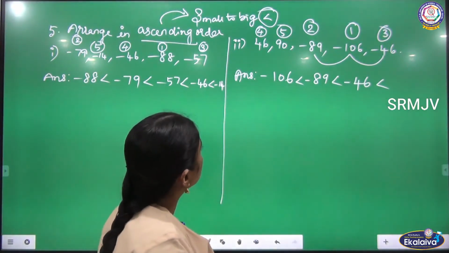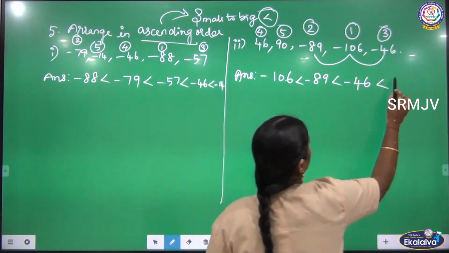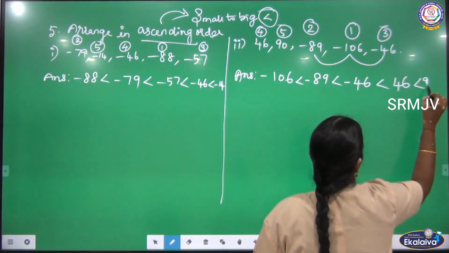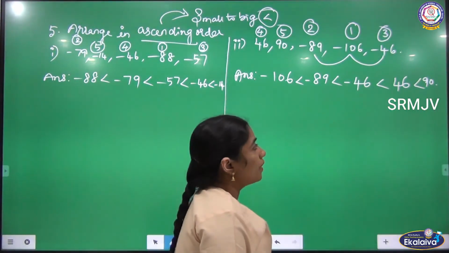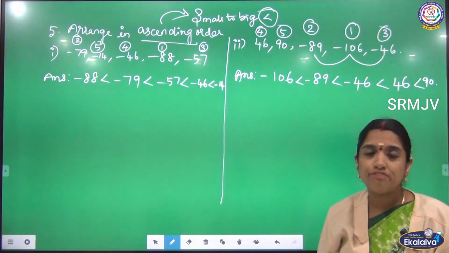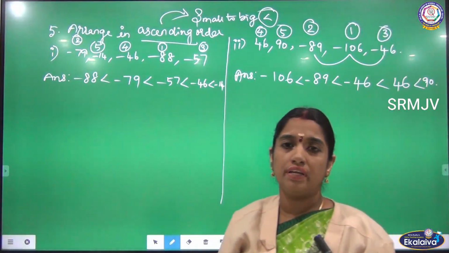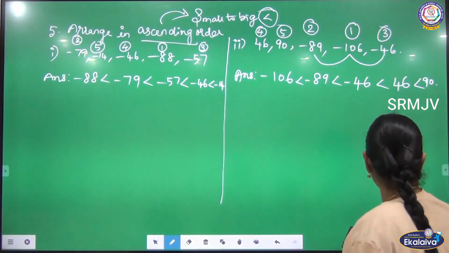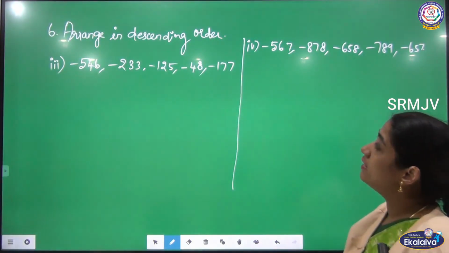Next one is fourth, 46 and last one is 90. Okay, less than. For the ascending order, you are going to arrange from small to big and you are going to write the less than symbol. Can you clear this, children? Shall I move on to the next one?